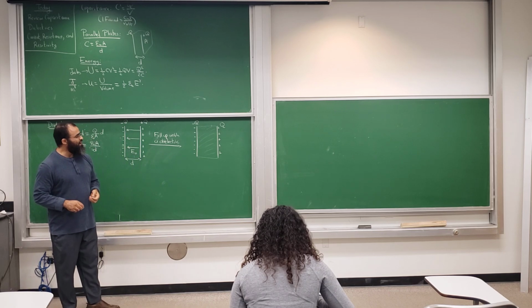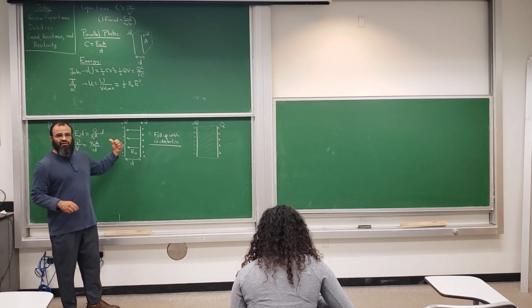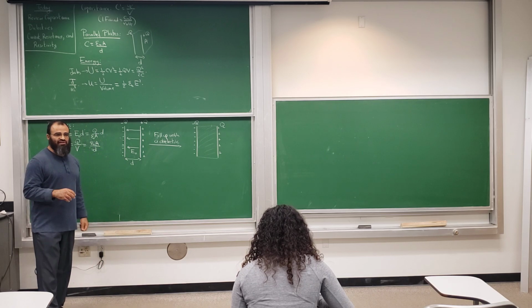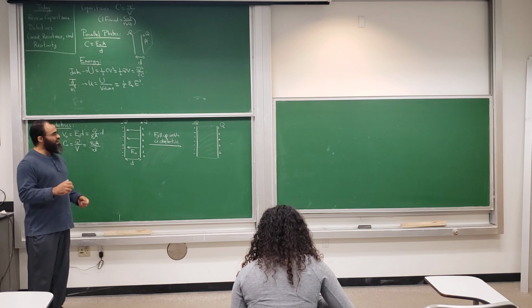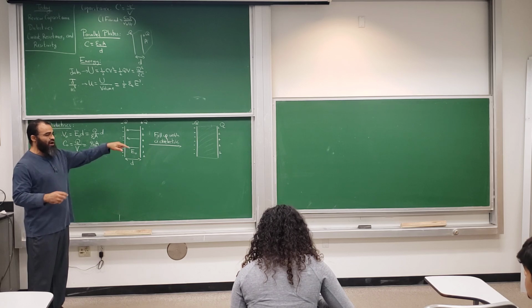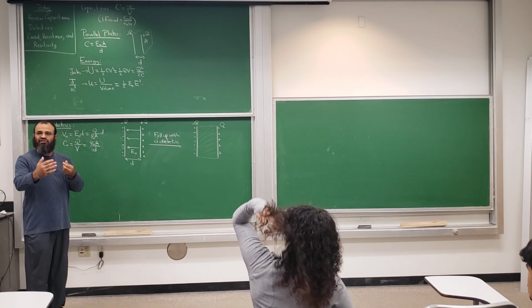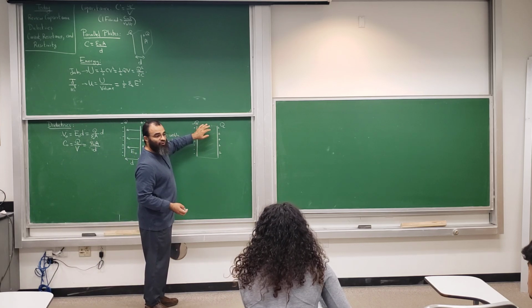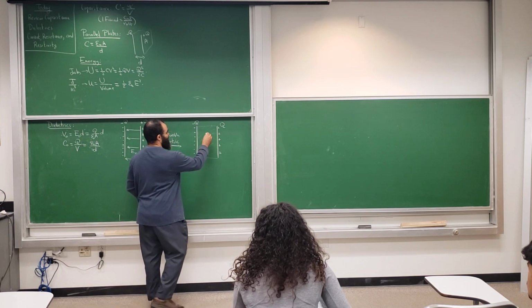So the electric field is still from left to right, but the dielectric is still made of atoms, and atoms have pluses and minuses. So even though the charge is not allowed to move across the dielectric, it's allowed to be polarized. So these positive charges, they will push away on every atom. Let's take one atom. Here's one atom.